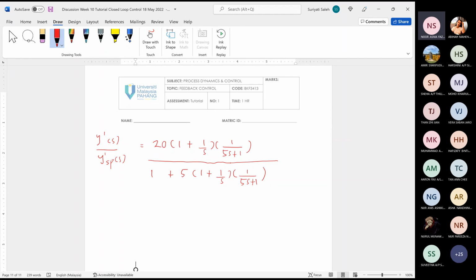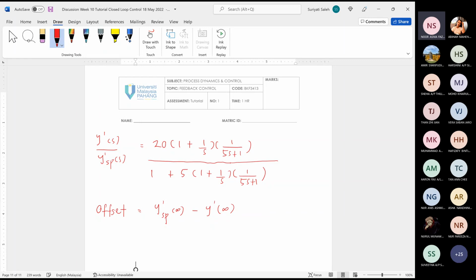Now we want to calculate the offset. The offset equation is similar: Y prime SP minus Y prime, oh sorry, not S anymore, Y prime infinity minus Y prime at time infinity.